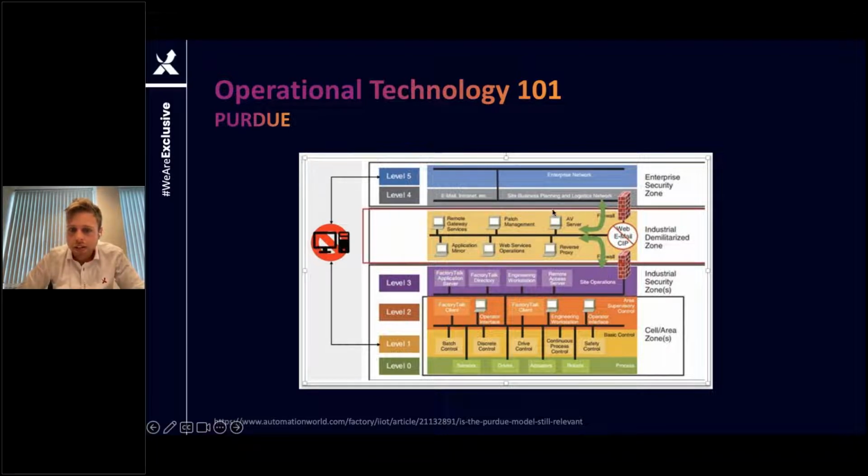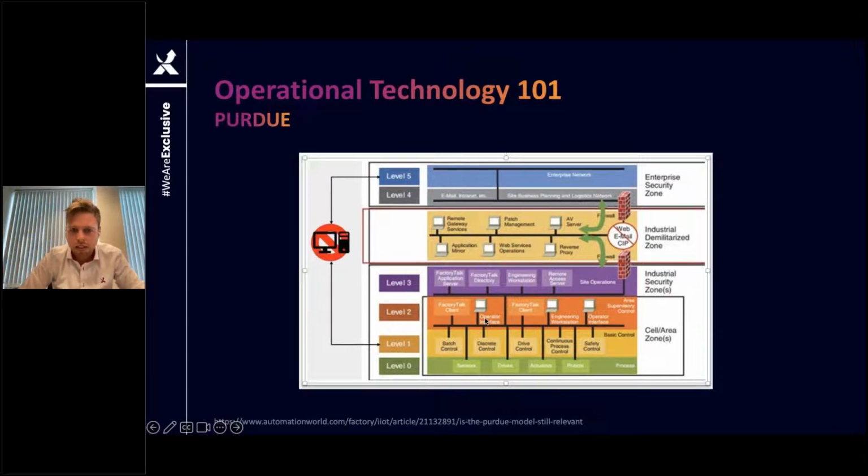This is where we don't want any interaction with, for example, the internet. No, it's really about separation, and the main goal is to separate the IT and the internet, especially the internet, completely from our OT networks.